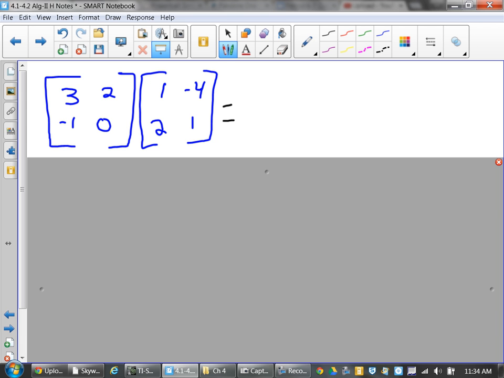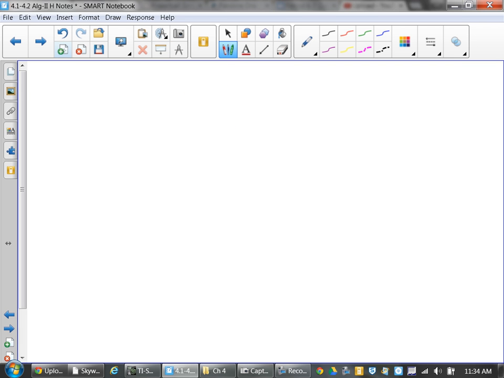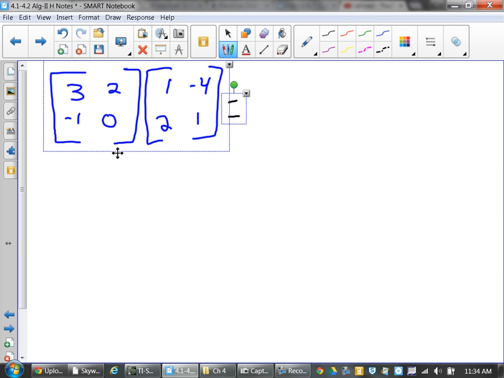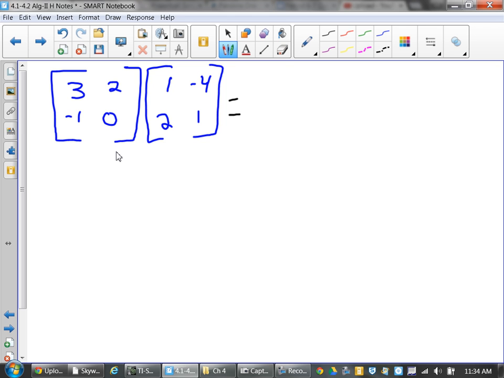Now here's my trick. Let me put this on a fresh one so there's more space. When you're multiplying matrices, you know that this is a 2 by 2, and it's going to give you a 2 by 2. How many columns will the new matrix have? 2.